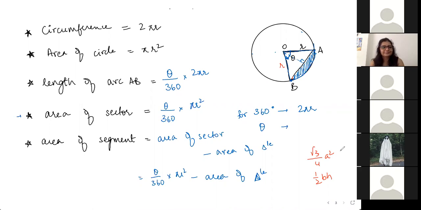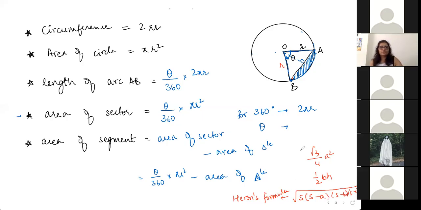Yeah, Ma'am, root S into S minus A into S minus B into S minus C. Correct. Nice, well done. Now Bhavika also remembered. So this formula is called Heron's formula. Do you remember? There was a whole chapter in 9th called Heron's formula.